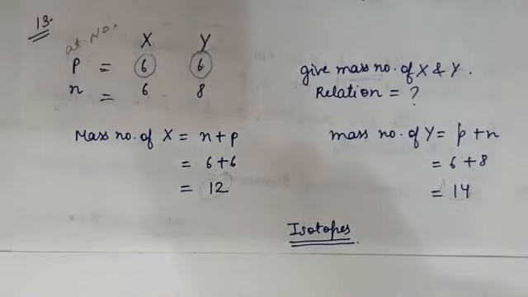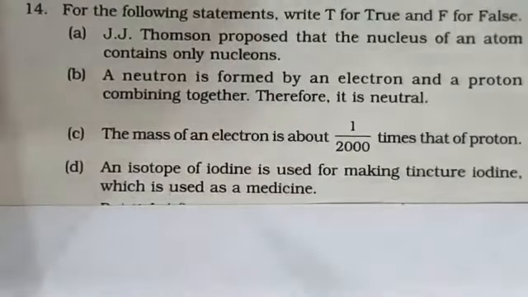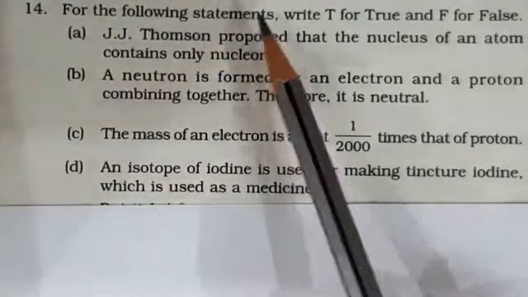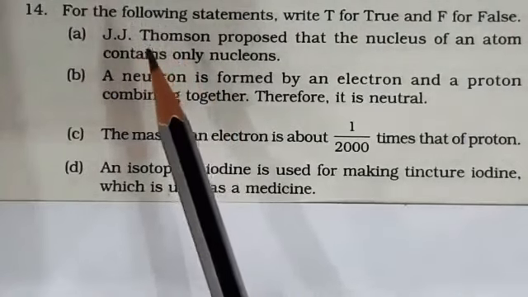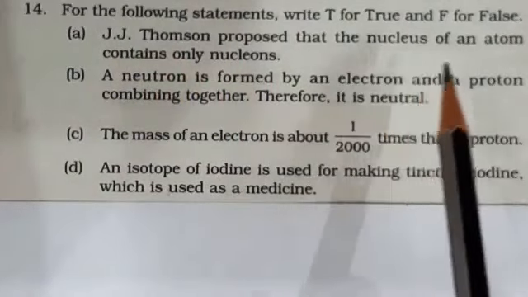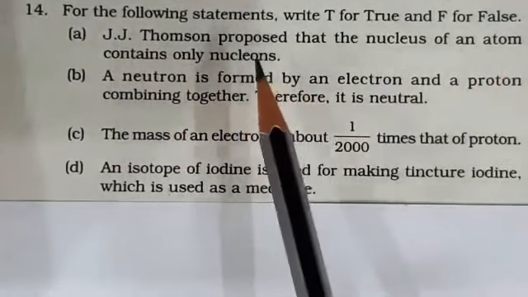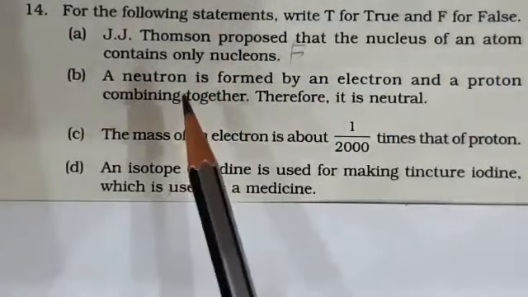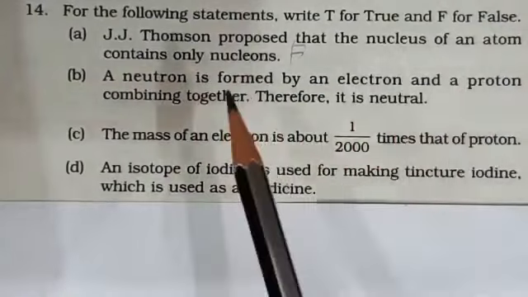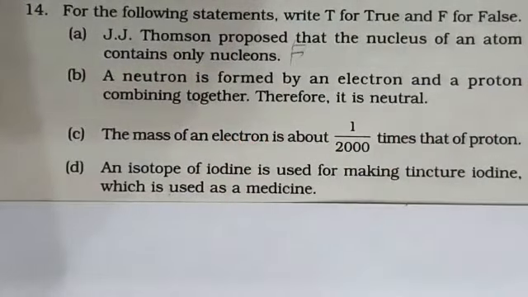Coming to question number 14. Question number 14 is, for the following statements, write true or false. First, J.J. Thomson proposed that the nucleus of an atom contains only nucleons. This statement is false. Neutron is formed by electron and proton combining together, so it is neutral.